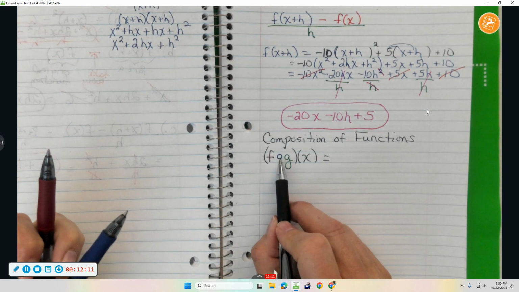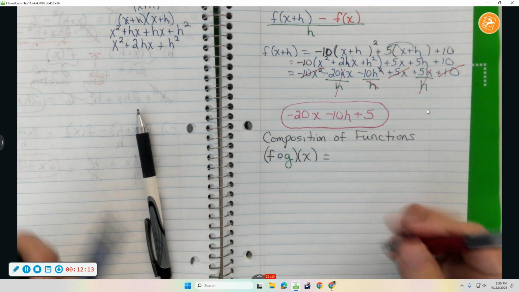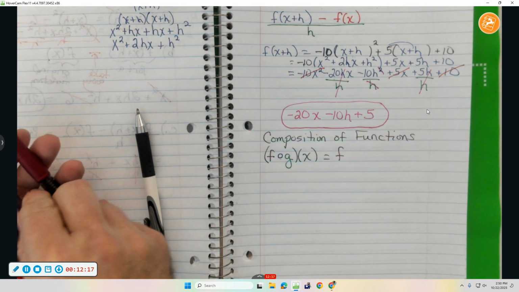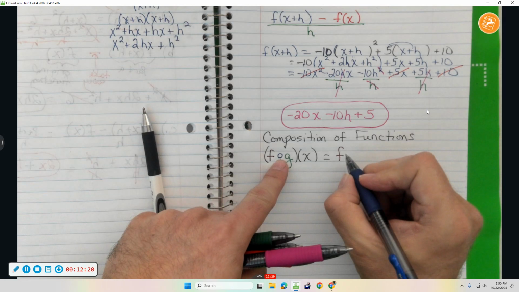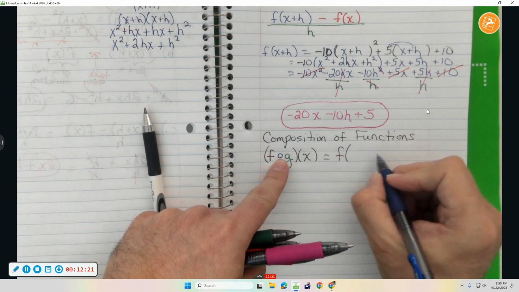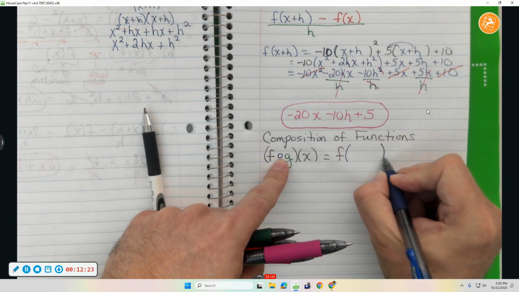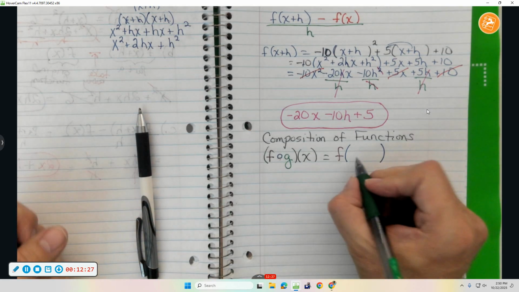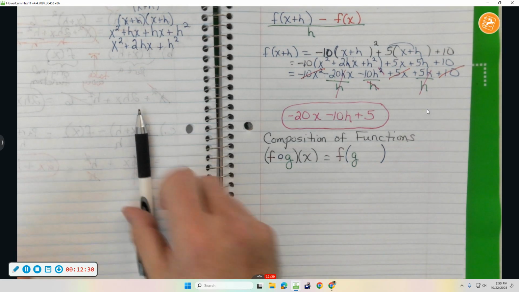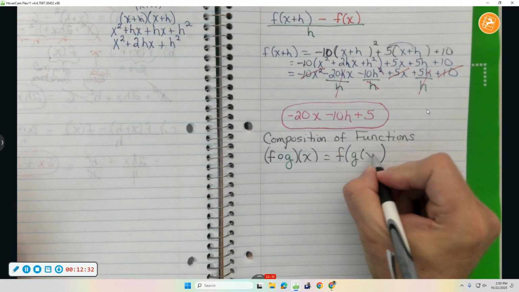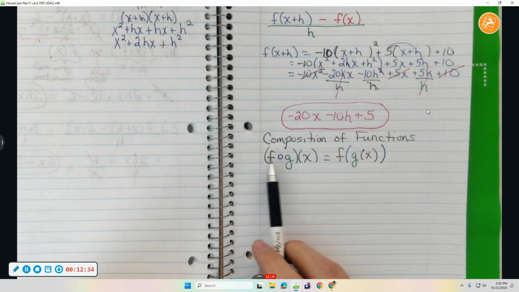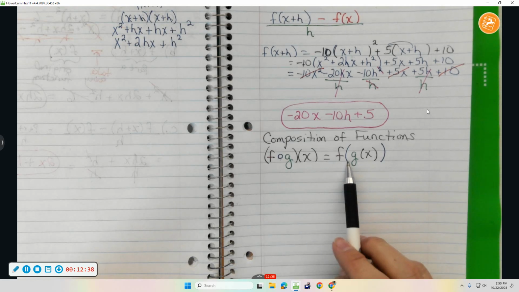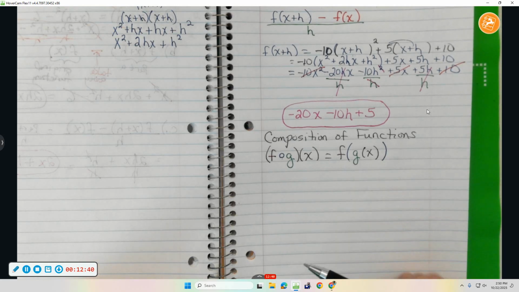It means F of, this little blue open circle is just used instead of really big parentheses, G of X. So F composed with G of X means F of G of X.